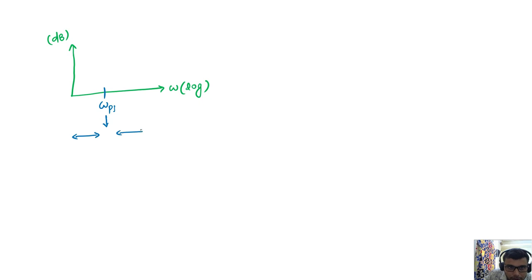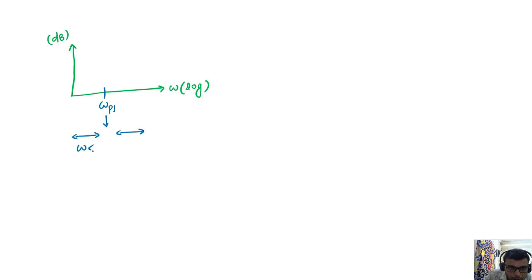On a general scale, if there is magnitude in dB and frequency on log scale, what we can see here is that for a particular omega, that is omega p1, there are two cases. This is my first case region, this is my second case region.